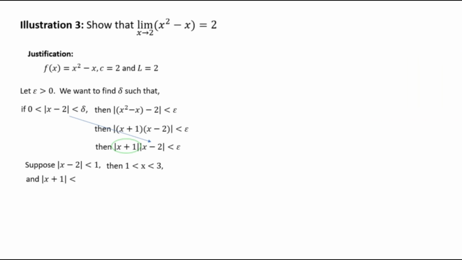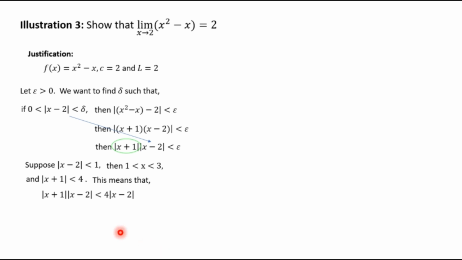In effect, the expression absolute value of x plus 1 is less than 4 on that interval. This means that in the interval from 1 to 3, the absolute value of x plus 1 times the absolute value of x minus 2 is less than 4 times the absolute value of x minus 2.